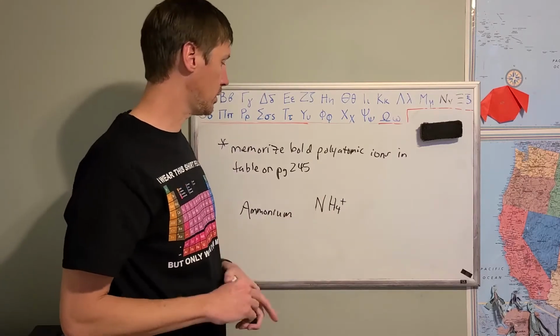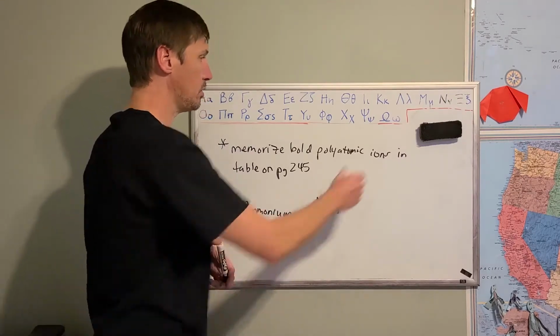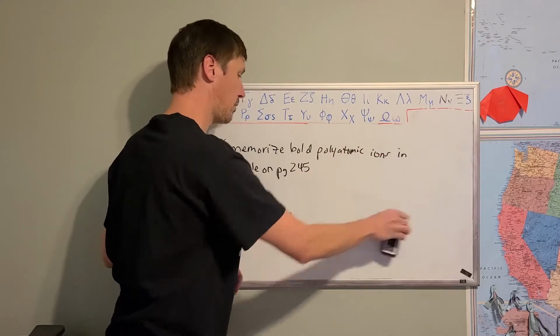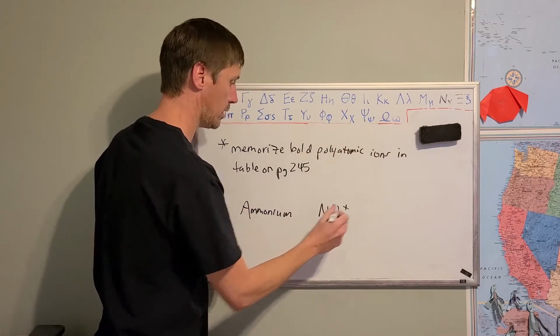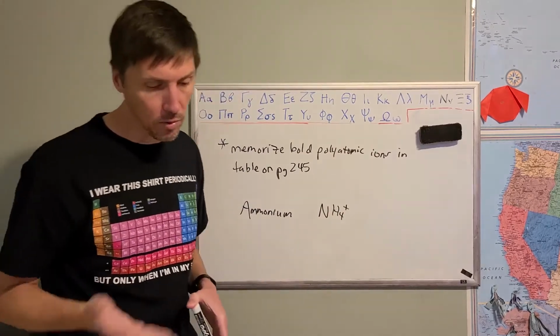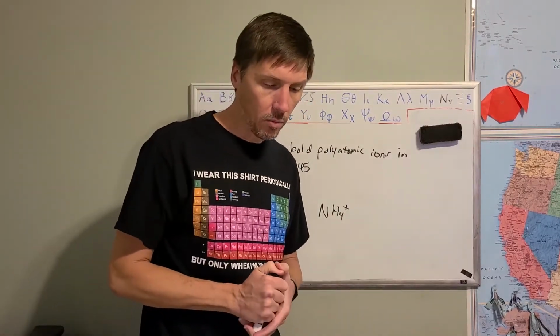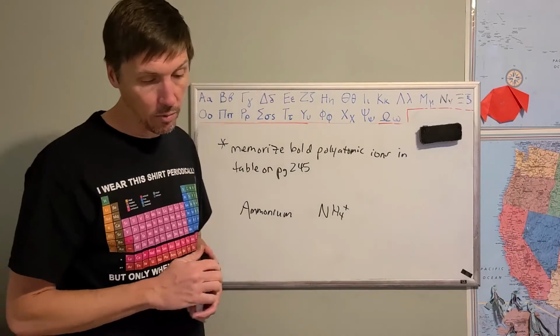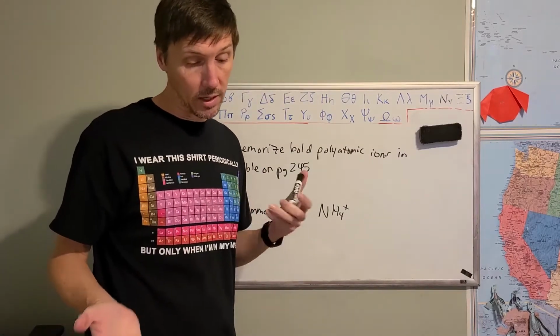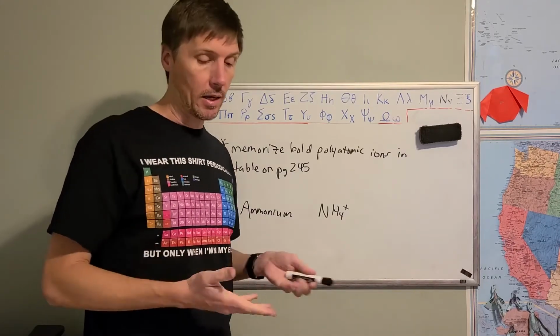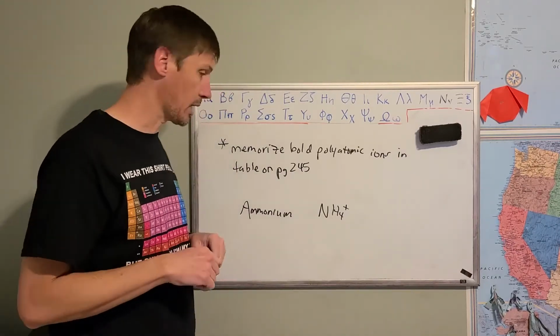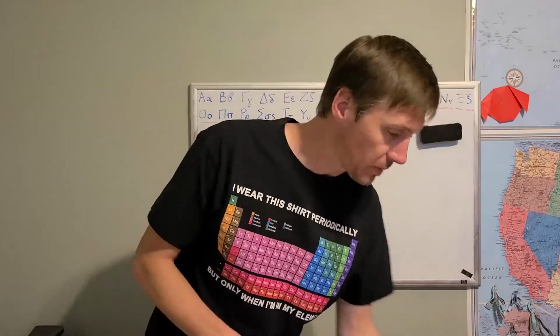And if I were to just give you ammonium, you should be able to write down NH4+, okay? So make sure that you know the charges, what elements and how much of each element is contained within that polyatomic ion, and then what the name of that polyatomic ion is, okay? So that's what I expect.